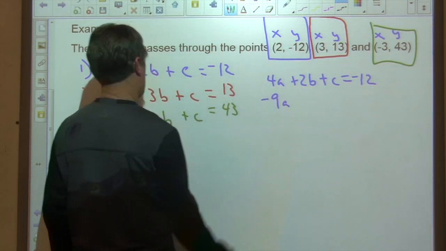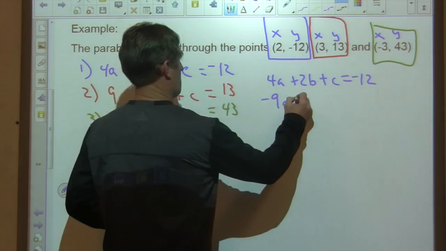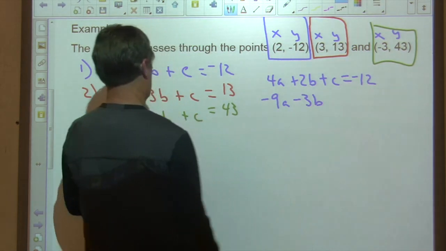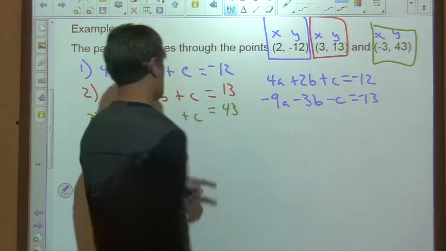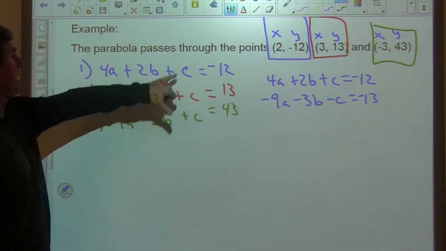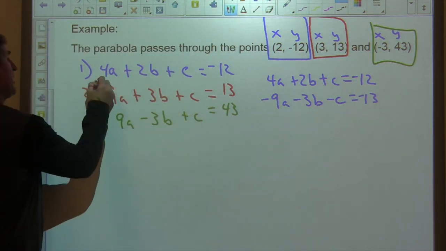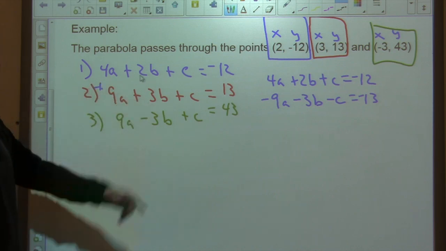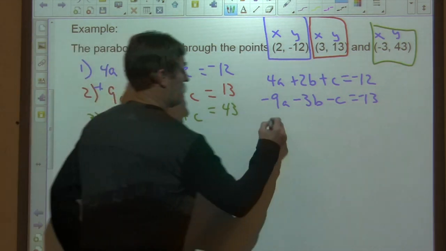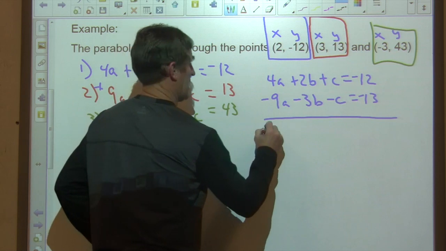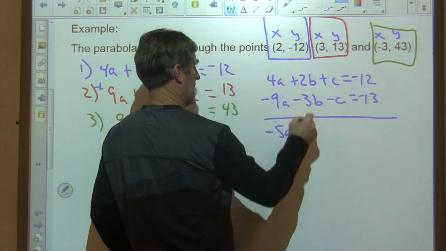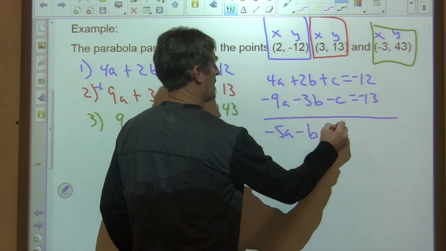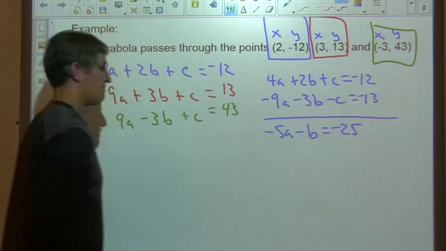So negative 9a minus 3b minus c equals negative 13. So again, I wanted to make these c's opposites, so I multiplied this one by a negative 1 and changed all the signs, and now we add this together. So we get negative 5a, and then 2b minus 3b would be a negative b equals a negative 25.